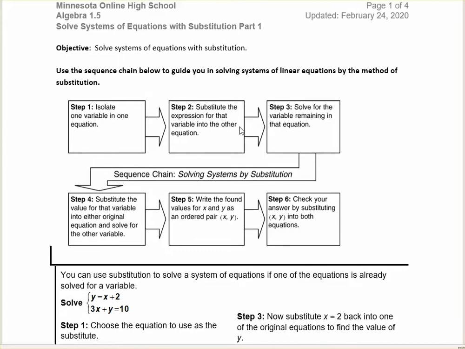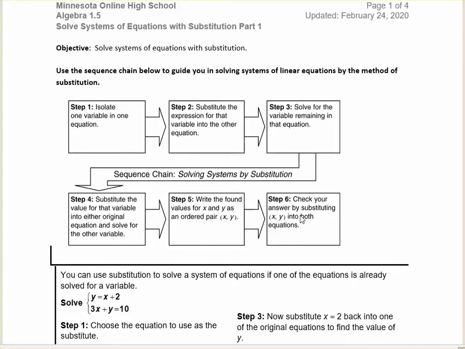Then what we do is we substitute that expression for that variable into the other equation, and then we solve that equation for the variable that's there. There will only be one variable at that point. Then you take that answer and you substitute it back into either original equation, and you find the other variable, and then you write that as your solution x comma y as an ordered pair.